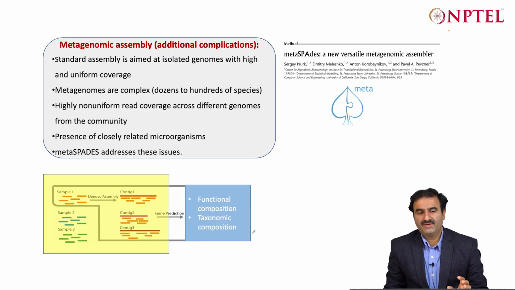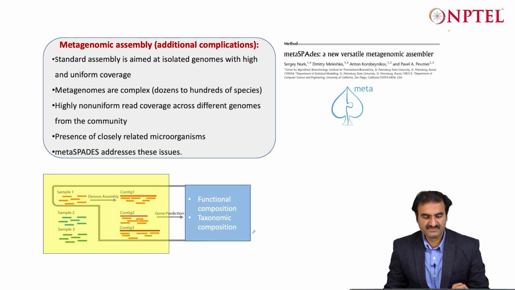So for the assembly, one of the most used tools is MetaSPAdes, which is a very good metagenomic assembler, and it can do things fast, and it can assemble a large amount of data also, right?